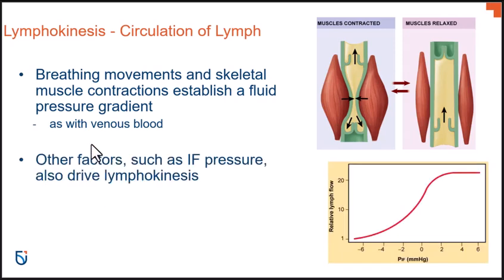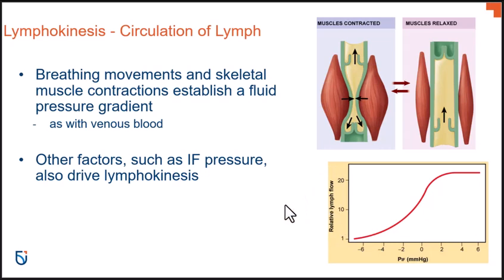Another factor that can drive lymphokinesis, or the movement of lymph, is what's called interstitial fluid pressure. That's IF, interstitial fluid pressure. And so that shows us on this graph here that as your interstitial fluid pressure increases, so does the flow of lymph.